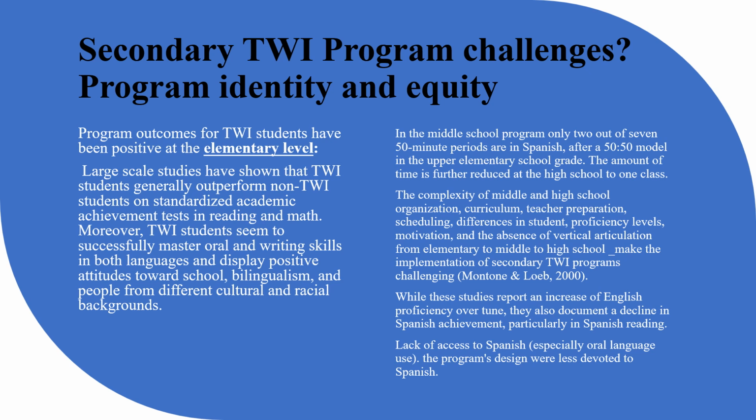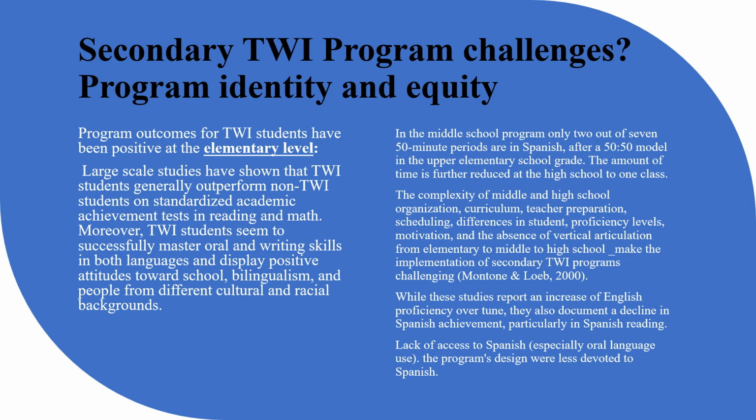Secondary two-way immersion program challenges. The challenges are about identity and equity. In the middle school program, only 2 out of 7 50-minute periods are in Spanish. After a 50-50 model in the upper elementary school grades, the amount of time is further reduced at the high school to 1 class.